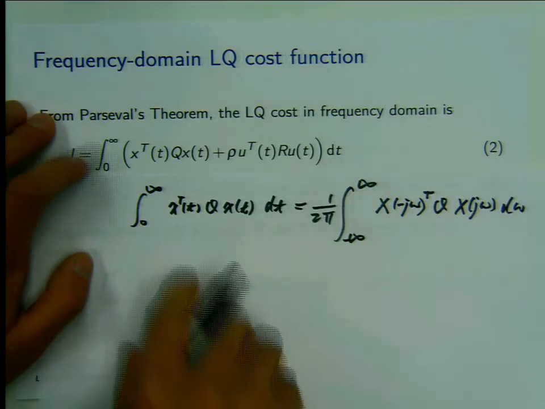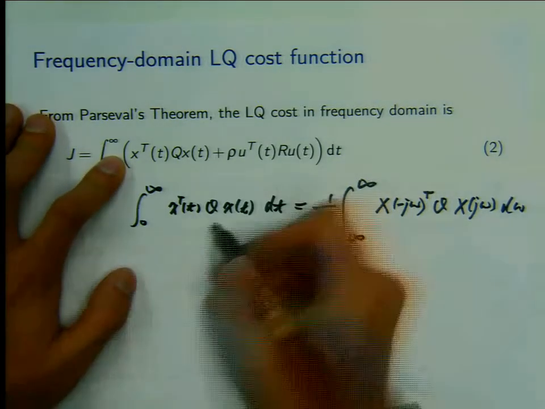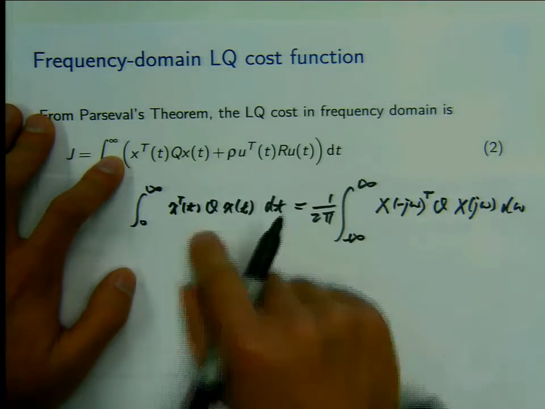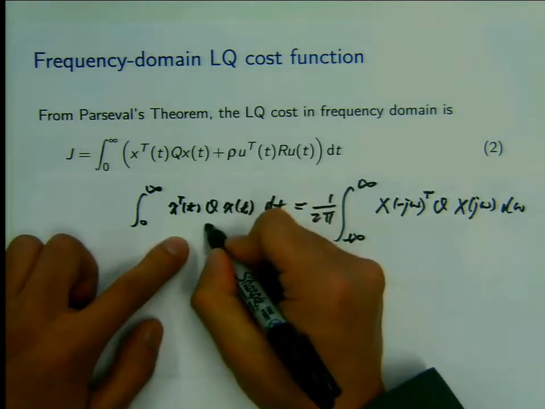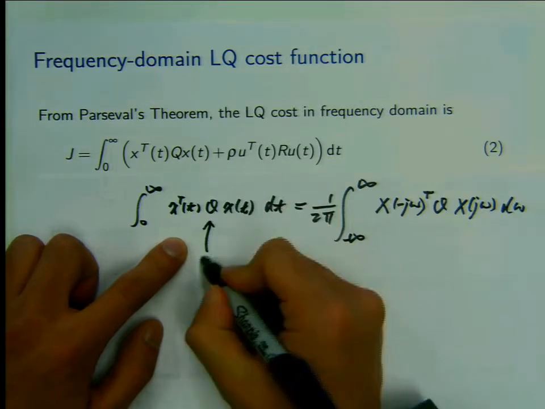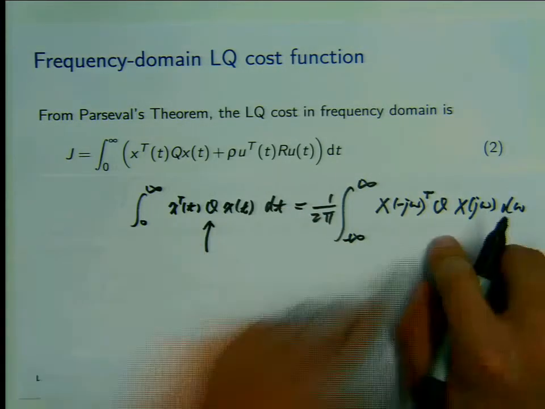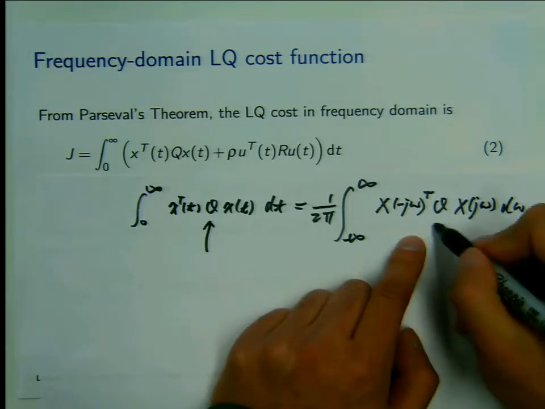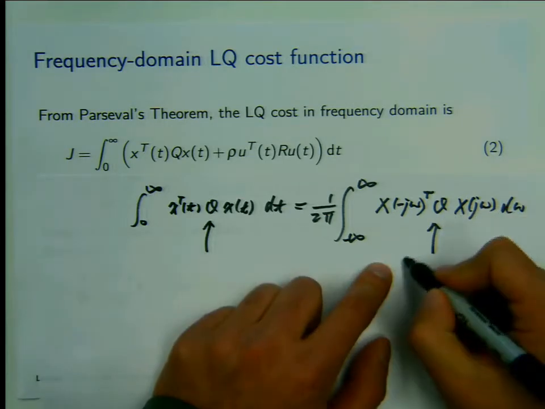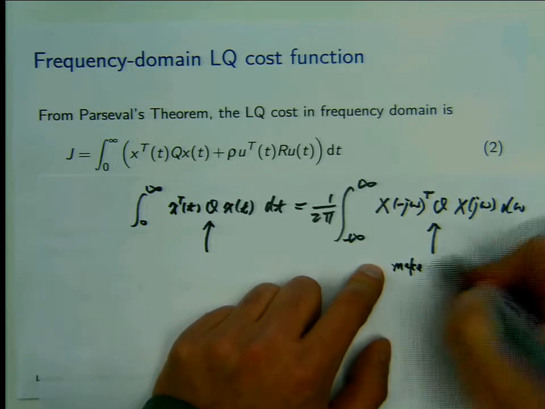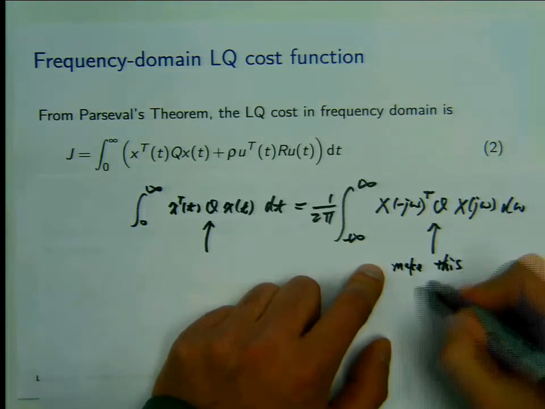Now you see some intuition come up. You don't see much intuition for how to make Q, for example, time dependent here. But you can get more intuition here. You can make this Q frequency dependent.